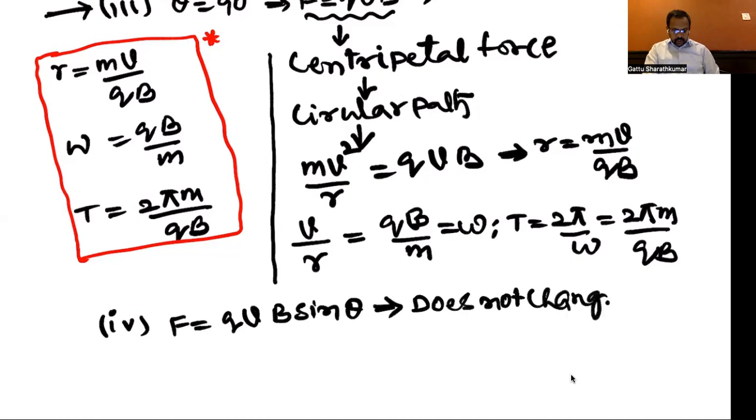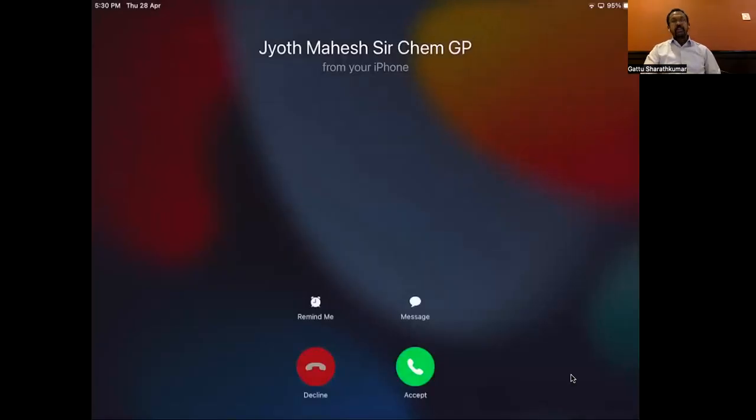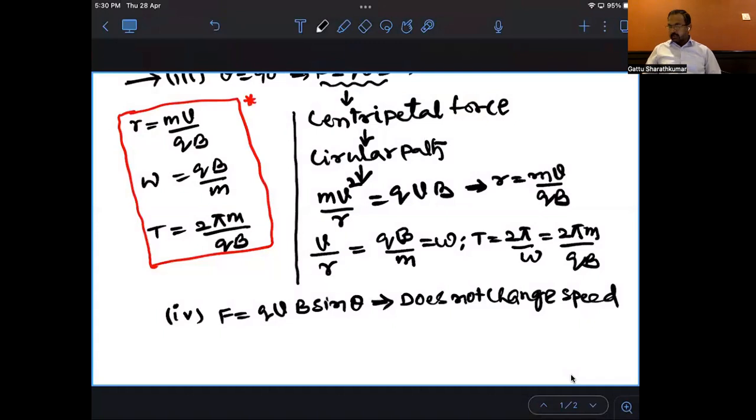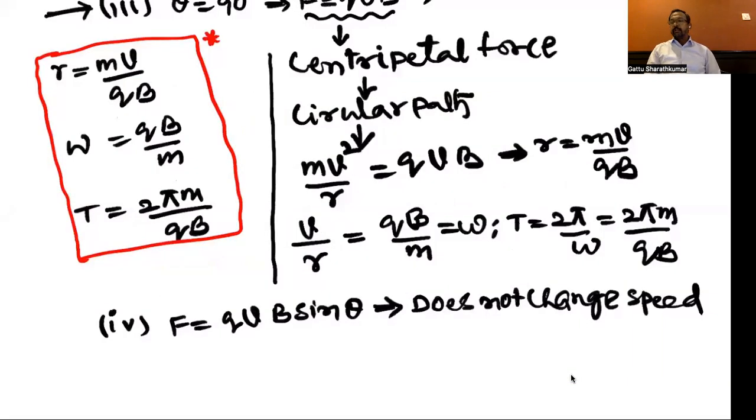It will keep the speed always constant. It never changes the speed. It will change only the direction. Magnetic force will always change the direction.